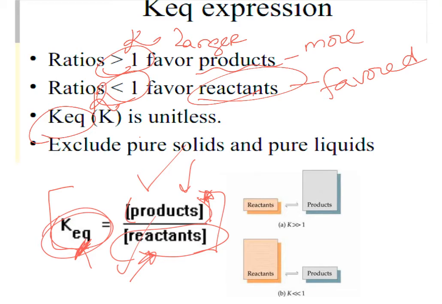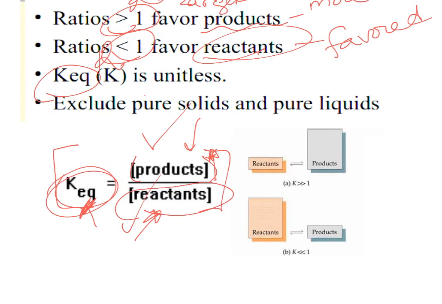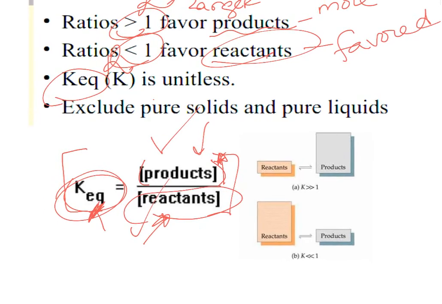And just a picture to drive home what a numerical value of K means. If K is large, and by large, I mean you'll see on the order of 10 to the 6th, 7th, 8th, 10th, 20th, really, really large numbers sometimes, that means that products are favored.